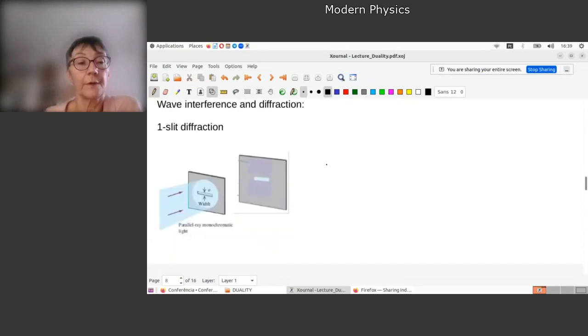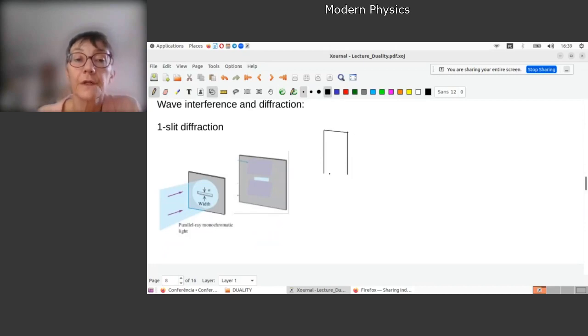So let's have some revision about wave interference and diffraction. Diffraction is what? You have here an aperture, and you can also observe diffraction if you have some object which should have a very sharp edge.